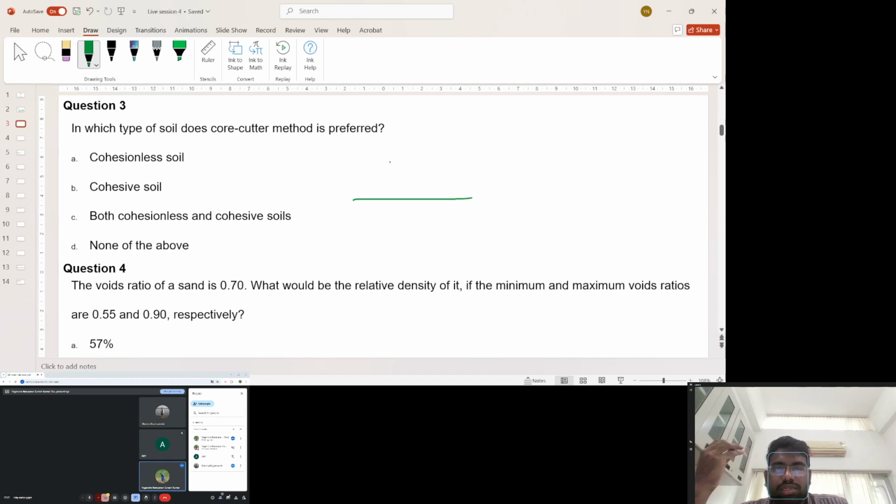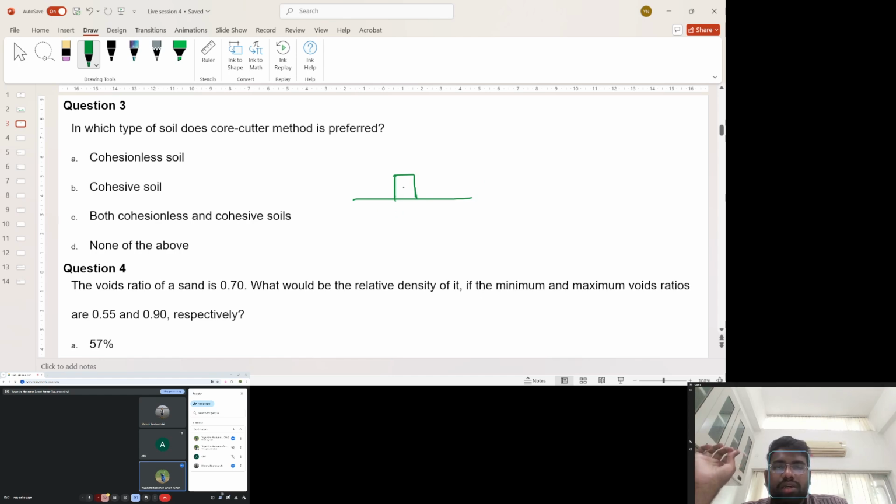It is placed on the ground and driven into the ground. The core cutter has a known volume. After it is driven in, it is taken out and the entire plug is weighed. We know the total volume, the corresponding volume is calculated, and we get the density, which is considered representative of the ground.